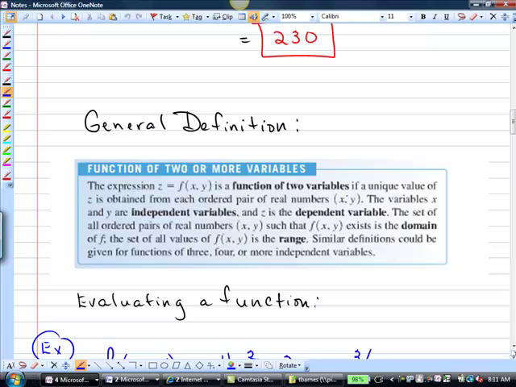Z is the dependent variable. And the set of pairs where f of x, y exists is the domain, and f of x comma y, which would be z, is the range. So it's very similar to what we've talked about, a regular function of one variable, but now we've got two variables.